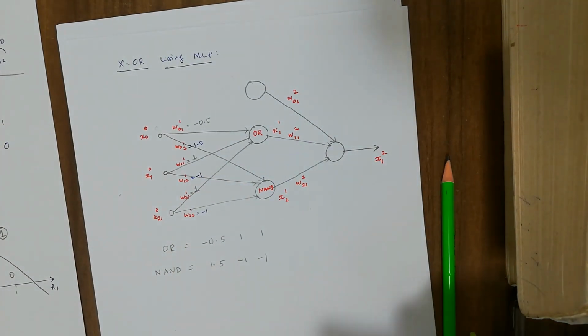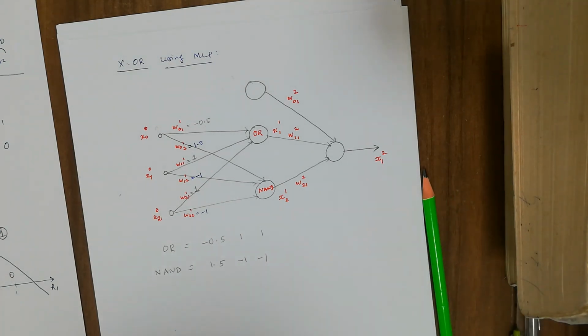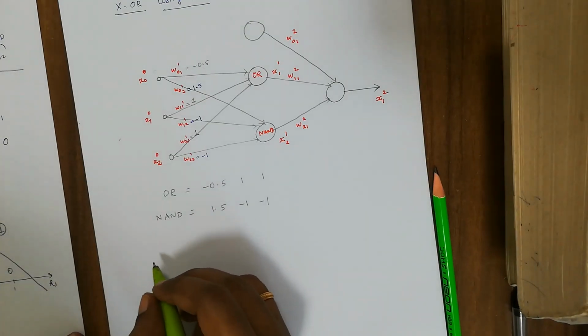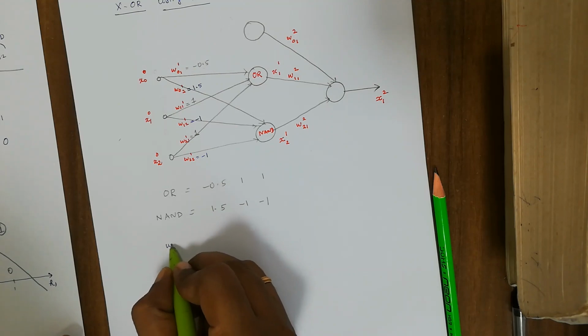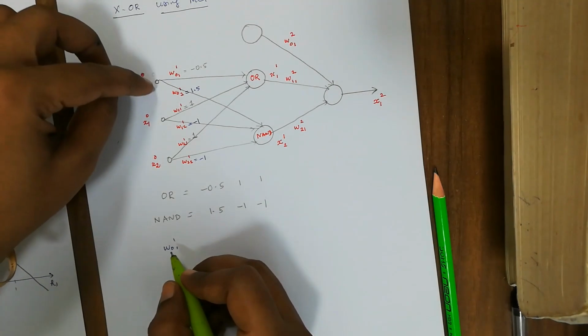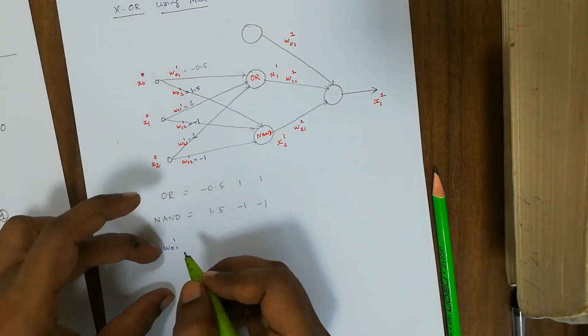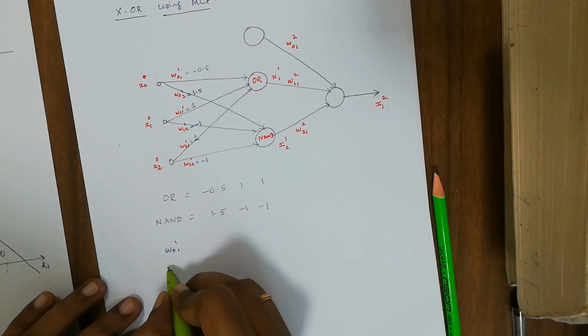Now let us apply these values in the matrix form. The matrix notation that we can write simply, as I discussed: from x1, from where it is connecting, we can put it in the column form.